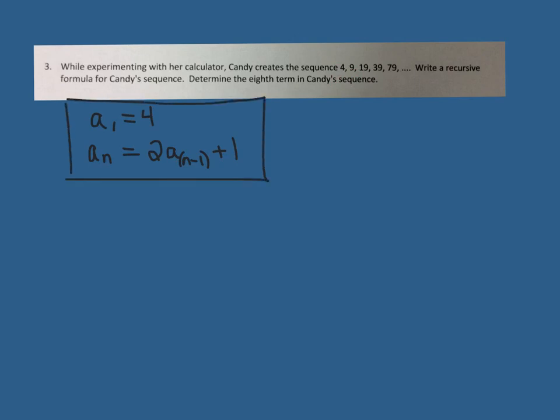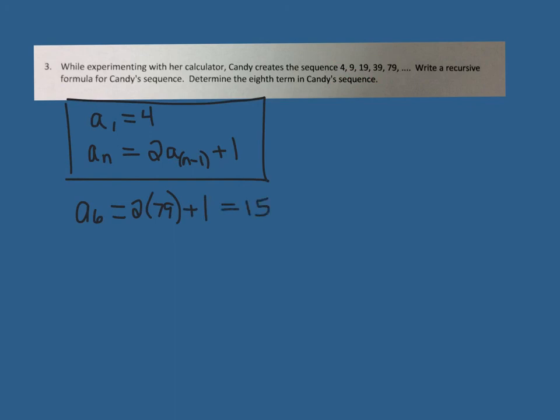Now, it says to determine the 8th term in Candy's sequence. You could keep using this rule, but I almost feel like it's easier at this point to just follow along with our sequence. Here's your first term, second term, third term, fourth term, fifth term. So if we want to find the 6th term, we would double the 5th term, so double 79, and add on 1. 2 times 79 is 158, and 158 plus 1 would be 159.